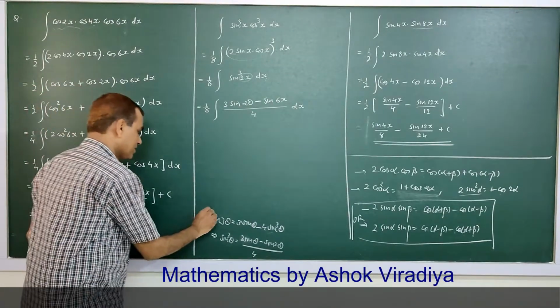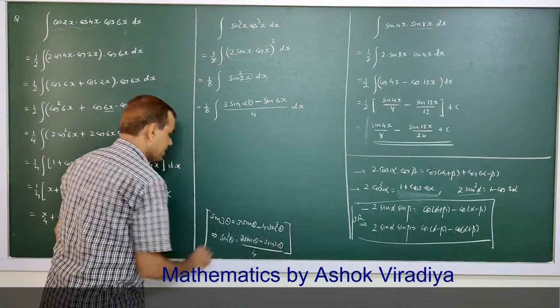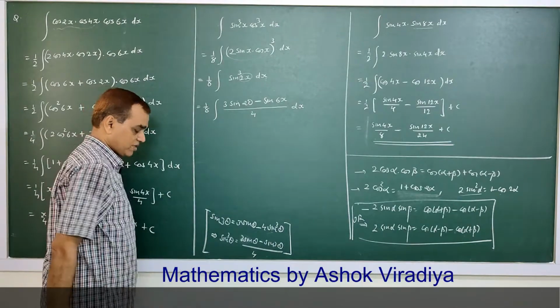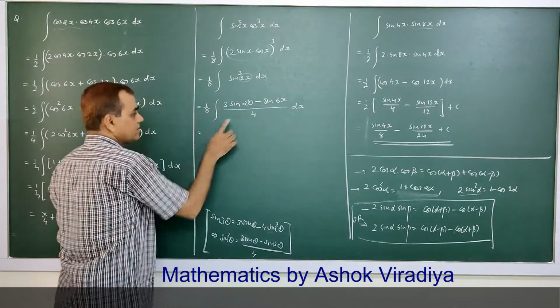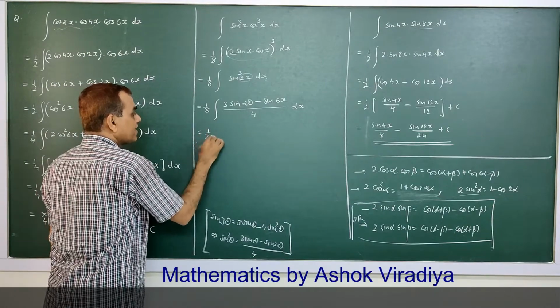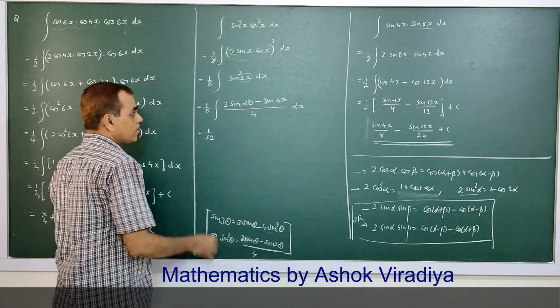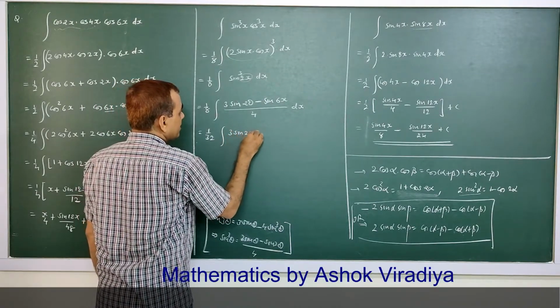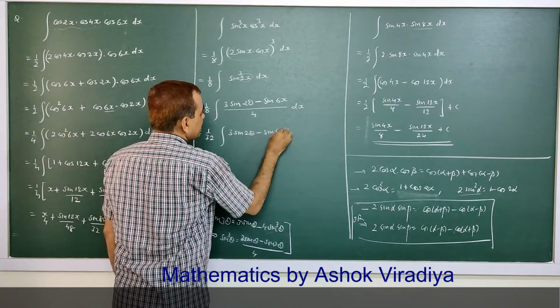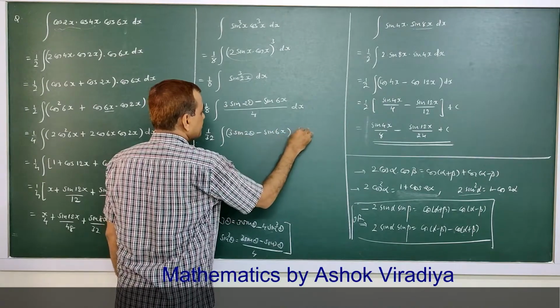So here this result is used in this question. That is, now 4 I am putting outside, 1 by 32 integral of 3 sine 2 theta minus sine 6x dx.